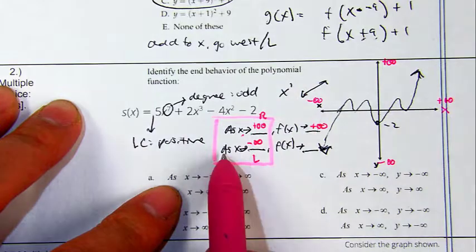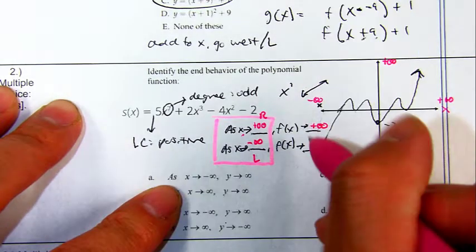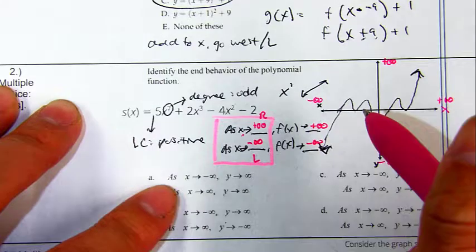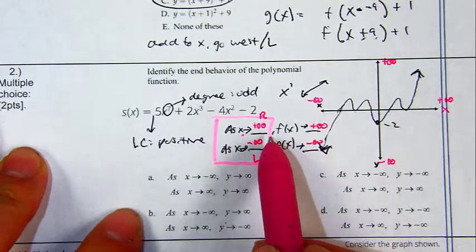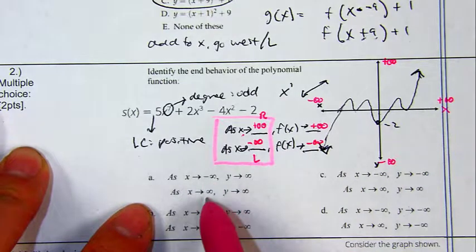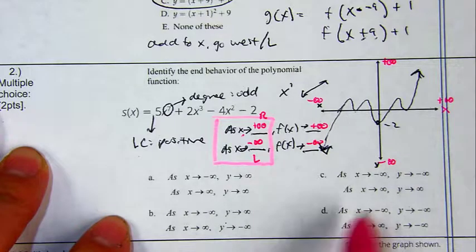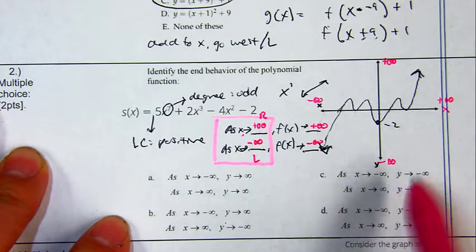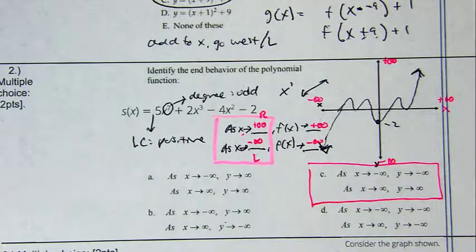And then as you go towards the left, the graph goes down. Down is negative on the y-axis, or f of x. And so then I'm looking for one that matches this. They kind of mixed up the order, so pay attention to that. So positive, positive, negative, negative. That would be this one right there. C would be my answer.